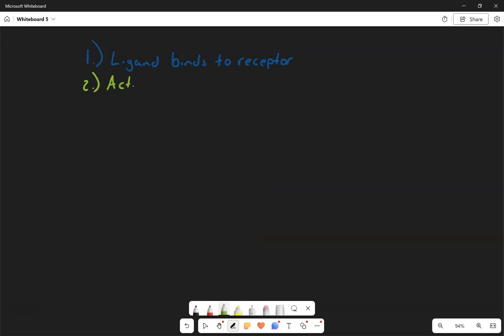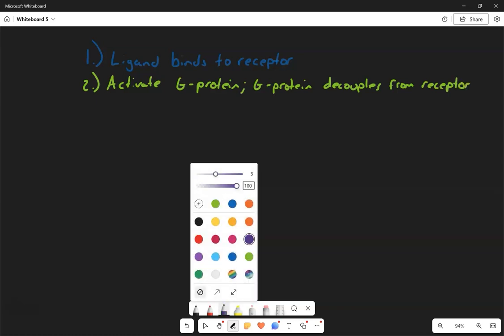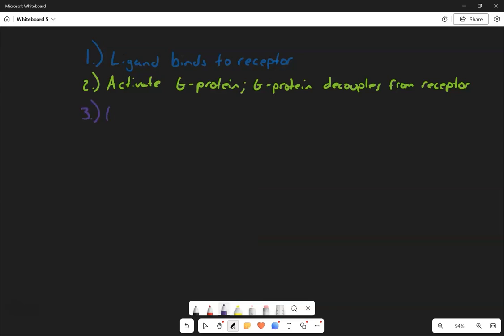That's going to activate the G protein, which causes the G protein to decouple from that receptor. Then our G protein binds to and activates adenylyl cyclase.